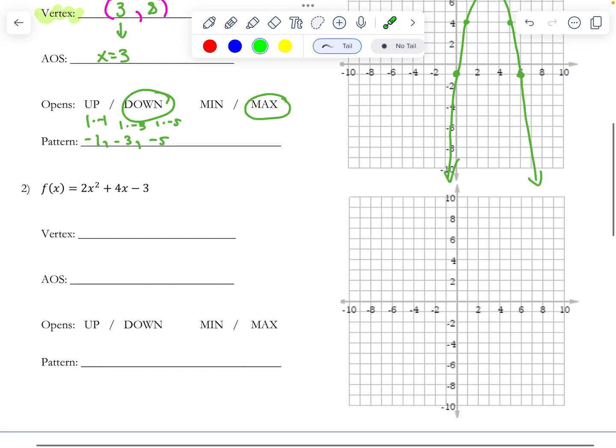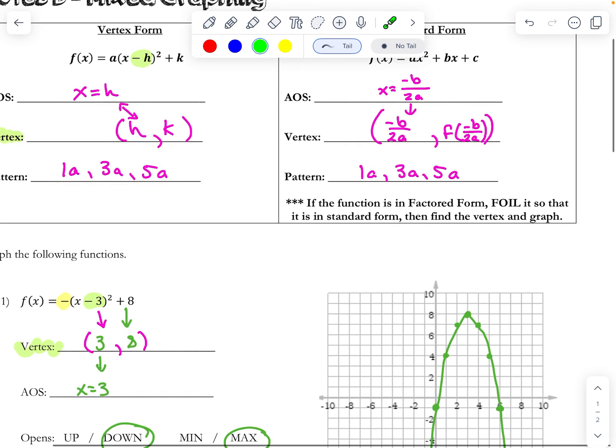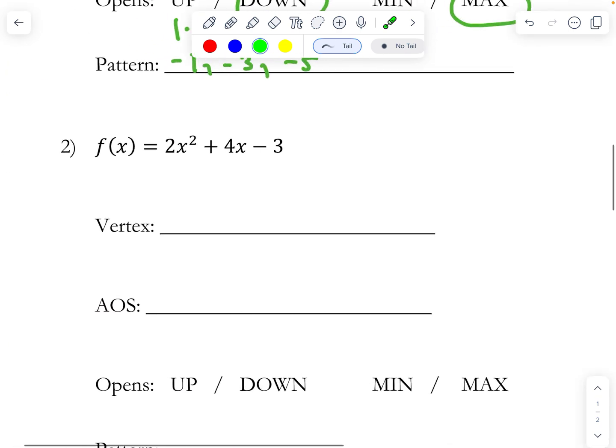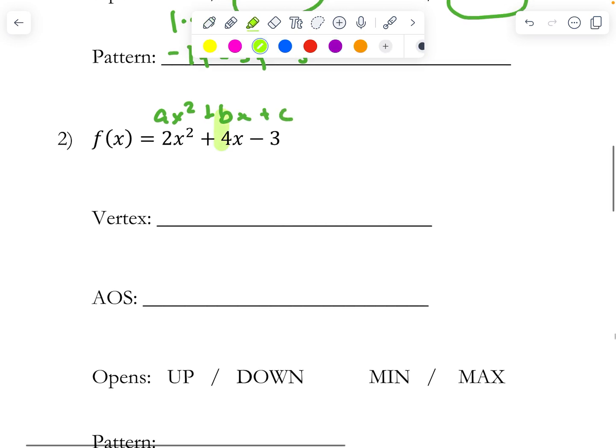Okay, let's do number 2. So for number 2, we've got standard form, so let's go ahead and use our negative b over 2a. So remember, with standard form, we have ax squared plus bx plus c, where 4 is going to be that b, right? B is going to be whatever number is in front of that x.